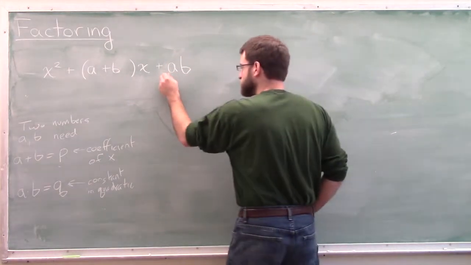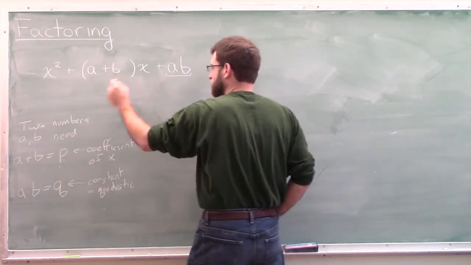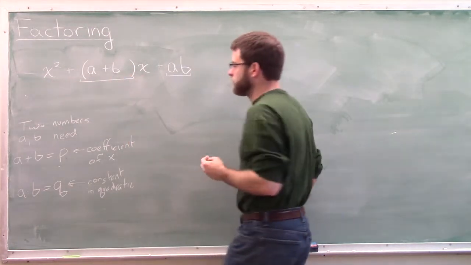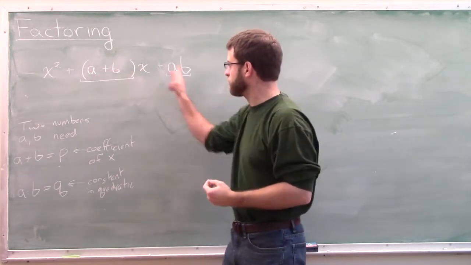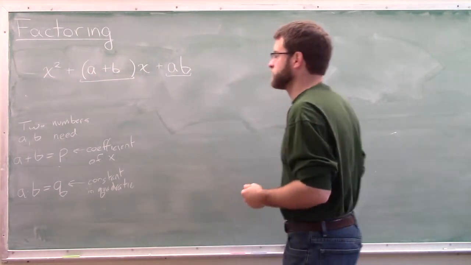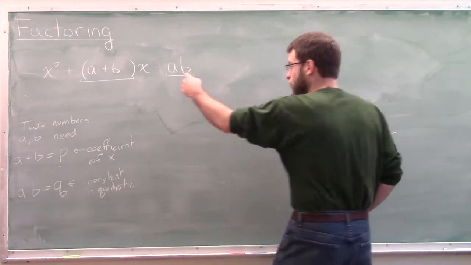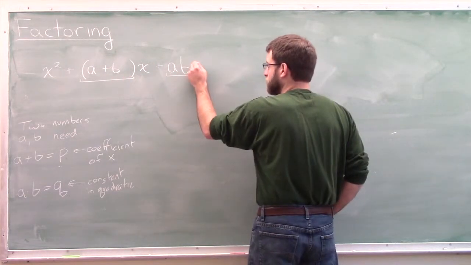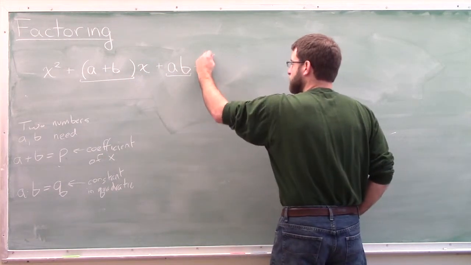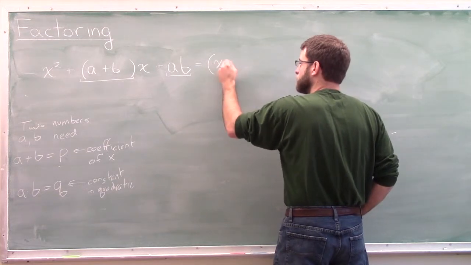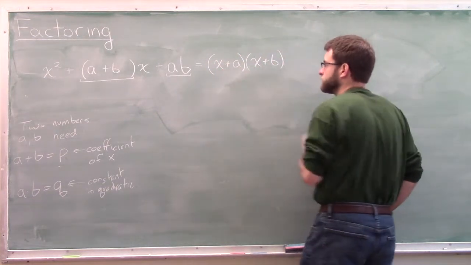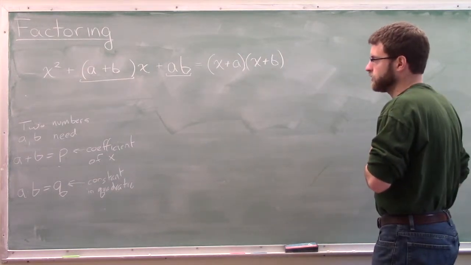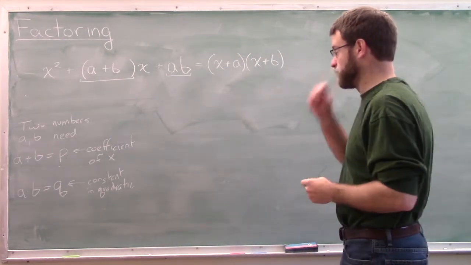So the quadratic that we're going to start with is going to have this type of pattern, and it's going to be our job to figure out the a and the b that match up perfectly with both of these pieces. Okay? When we find those a and b, we know that this factors into x plus a times x plus b. Okay? All right, so let's do a few examples.